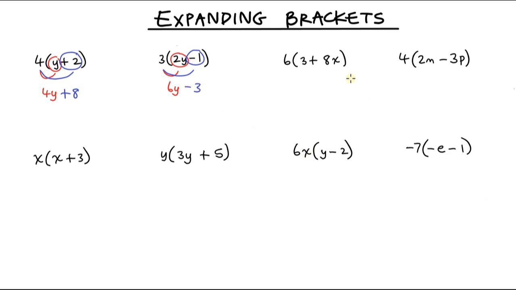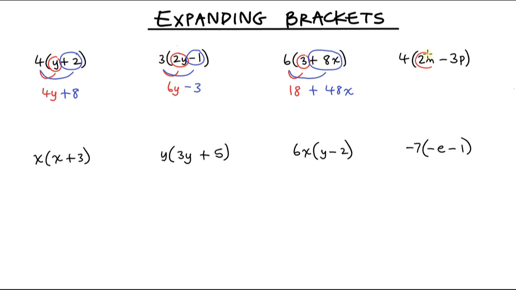Okay, the next one, I'm just going to circle my terms so I know what I'm multiplying. So always include that sign in front of the term. 6 times 3 will give us 18. And then 6 times positive 8x will be positive 48x.